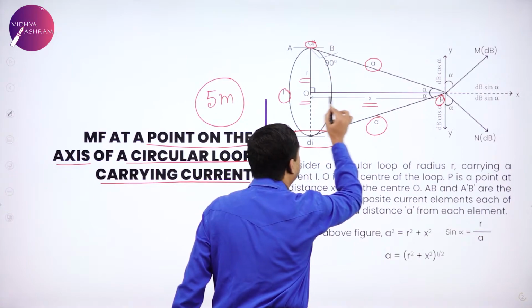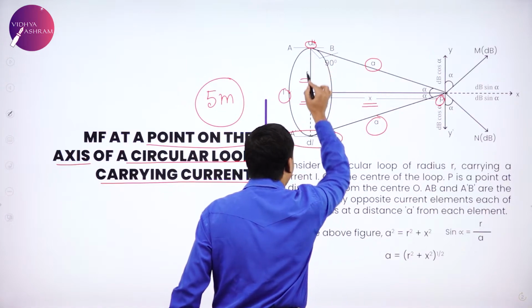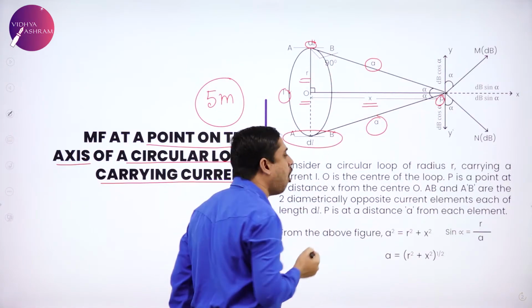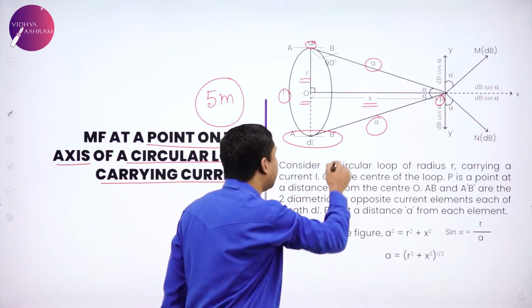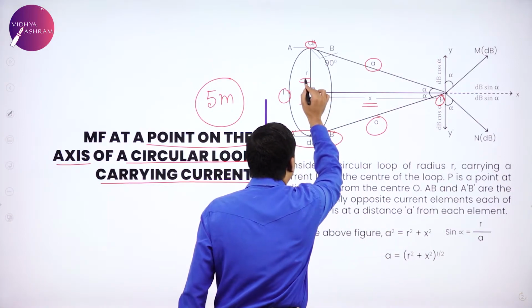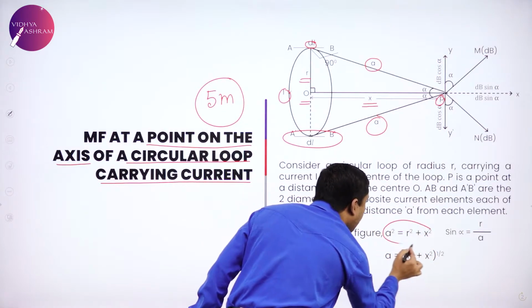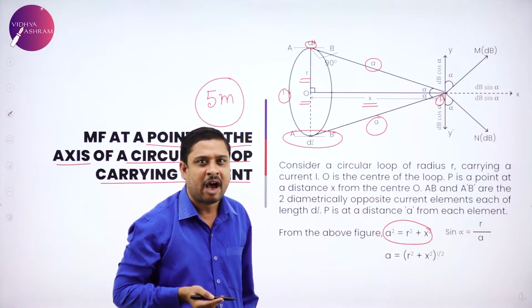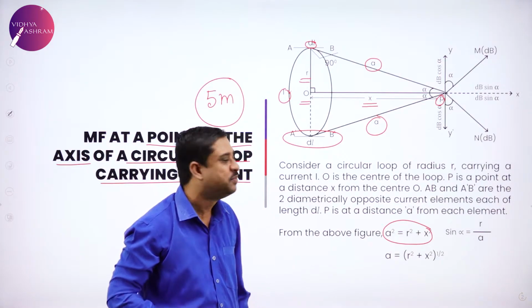You have a right-angled triangle here, where I know A square should be equal to R square plus X square, by using Pythagoras' famous theorem.